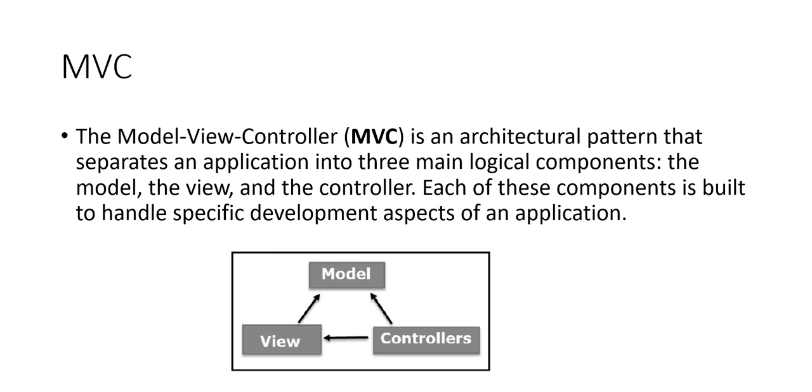So this MVC framework is an architectural pattern which covers both sides. Each of these components in MVC has been built to handle specific development aspects of an application, and those are the model, the view, and the controller.